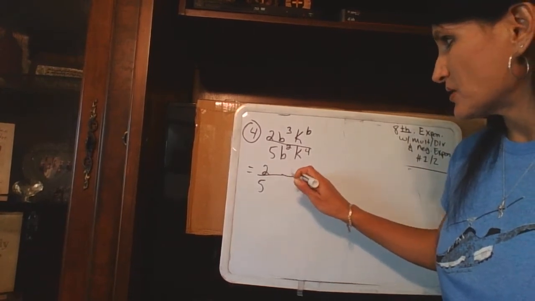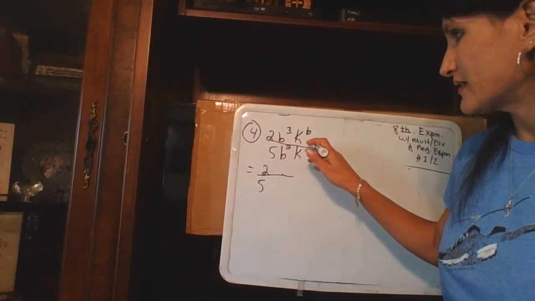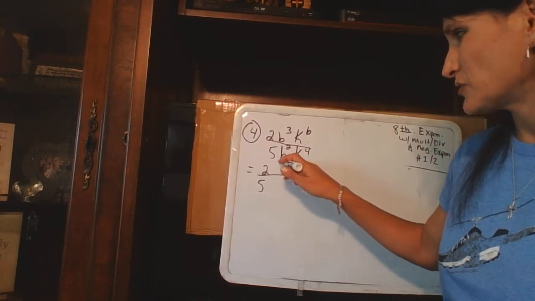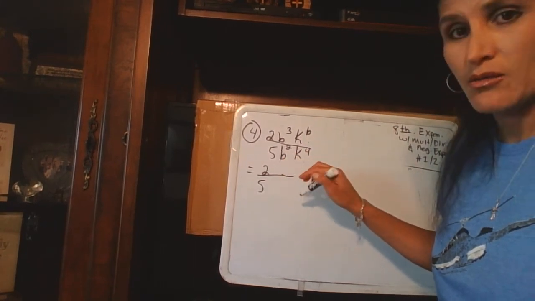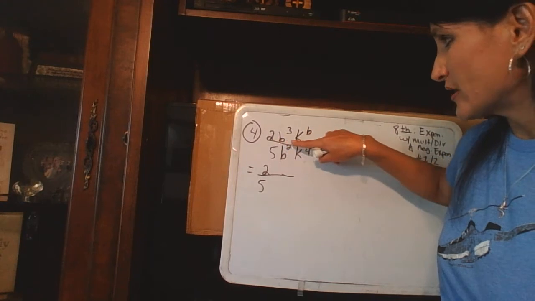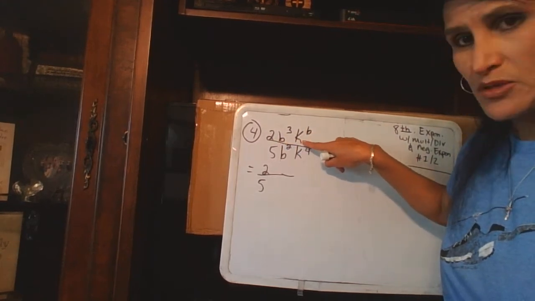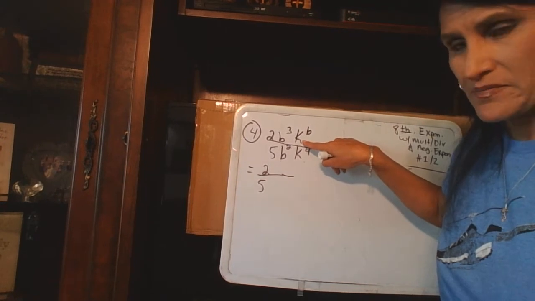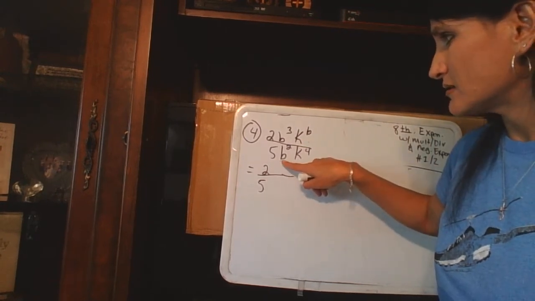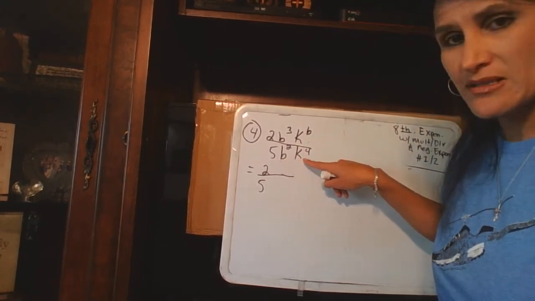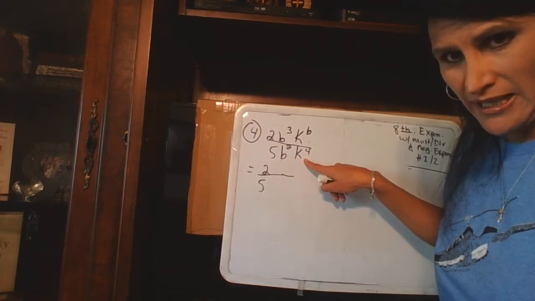The next step is to simplify anything on top. You cannot. Simplify anything on the bottom. You cannot. What I mean is, in the numerator only, if there's multiple b's or multiple k's, simplify them. Do the same with the bottom. If there's multiple b's or multiple k's, simplify them by adding them.